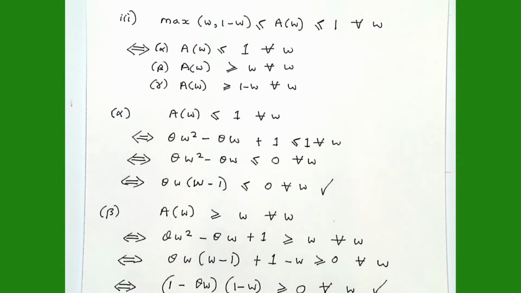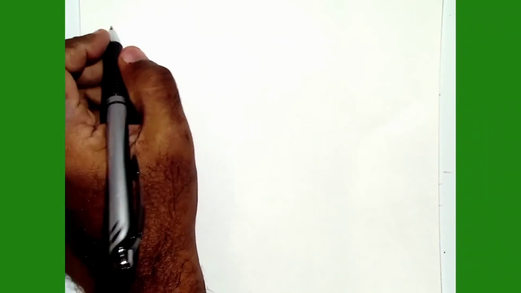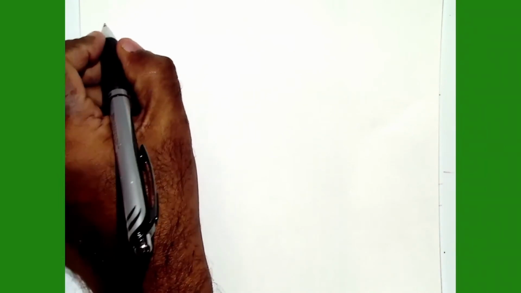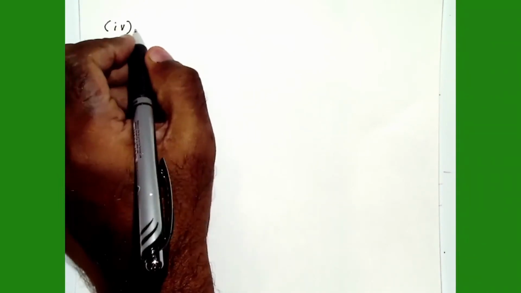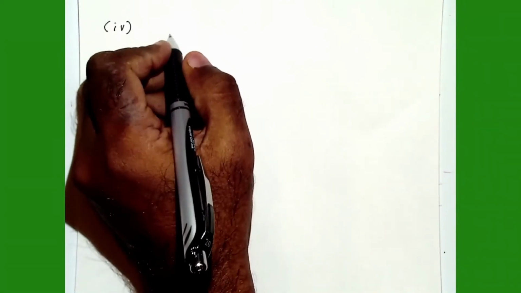So the condition 4 that remains to be shown is the following, that we need to show that A is a convex function. Now you may recall from the video I did on bivariate extreme value distribution that to show that something is a convex function, you need to find the second order derivative.